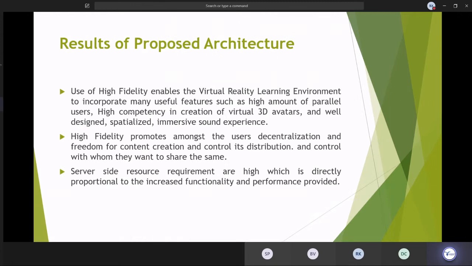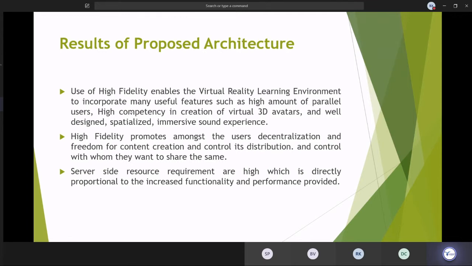The use of High Fidelity enables the virtual reality learning environment to incorporate many useful features such as a high amount of parallel users, high competency in the creation of virtual 3D avatars, and a well-designed, spatialized, immersive experience. High Fidelity also promotes among the users decentralization and freedom for content creation and control of its distribution.